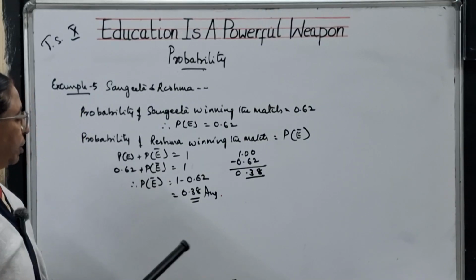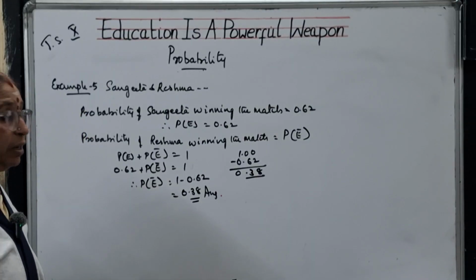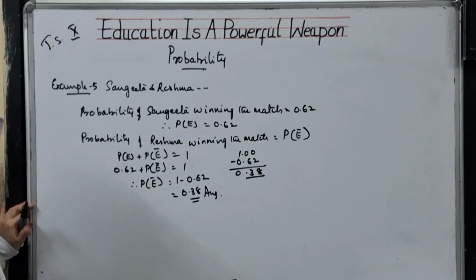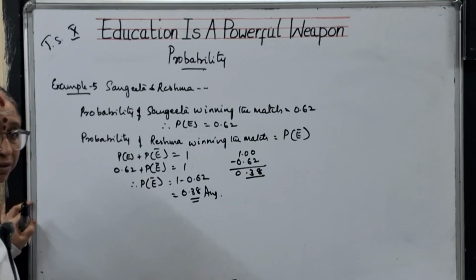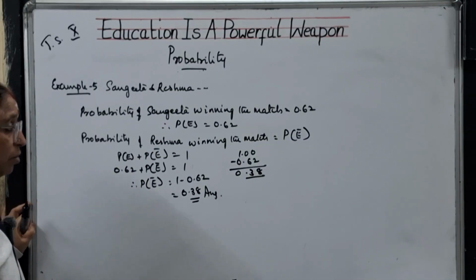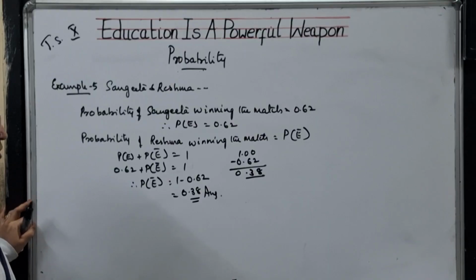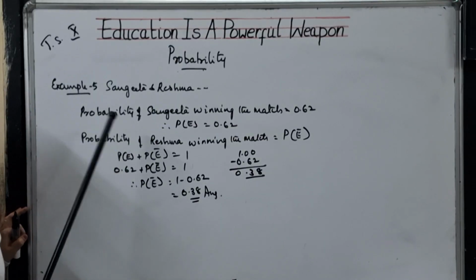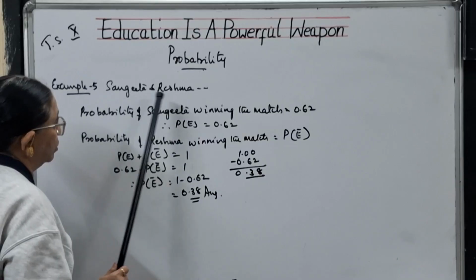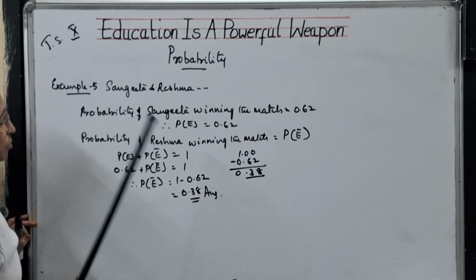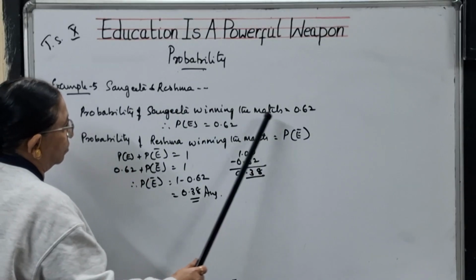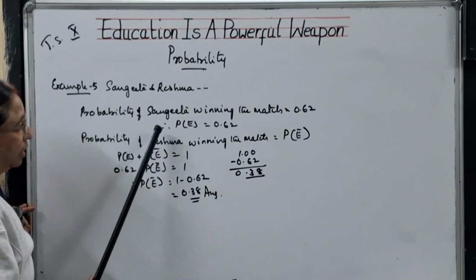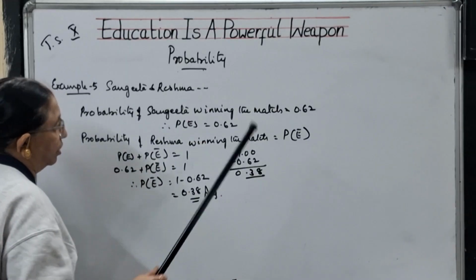These are all the problems based on the complementary probabilities, children, which I explained earlier in the first video. If you have any doubt, you can go through that video. Here, the problem is dealing with two girls, Sangeeta and Reshma. The probability of Sangeeta winning the game is given, which is to be considered as probability of event.